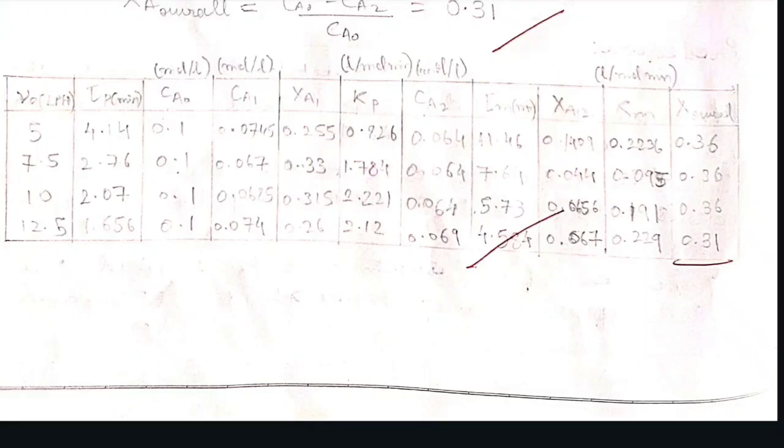As you can see, this is the resulting data we have obtained from this experiment. This is just sample data we have obtained in 4 test runs. And if we take a look at the data corresponding to the 5 liter per hour flow rate, the individual conversion of CFR, that is XA1, is 0.255, and the individual conversion of MFR, that is XA2, is 0.1409.